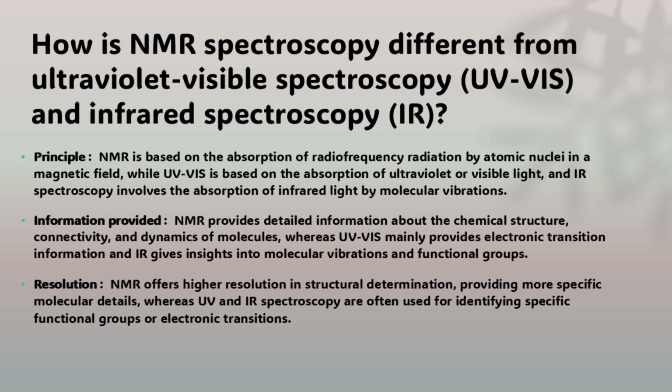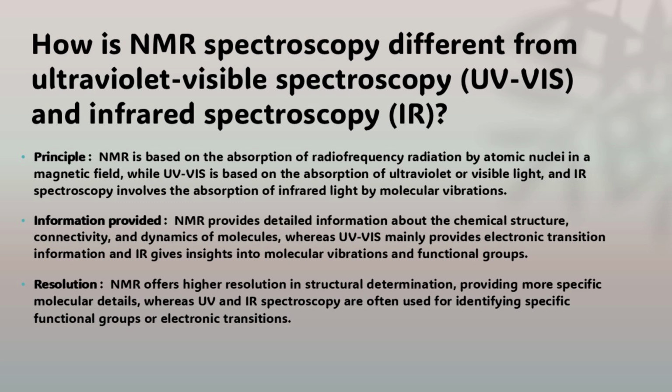NMR spectroscopy provides much better and more detailed information about the chemical structure, types of bonding, and dynamics of molecules, whereas ultraviolet visible mainly provides electronic transition information, and infrared gives insights into molecular vibrations and functional groups.